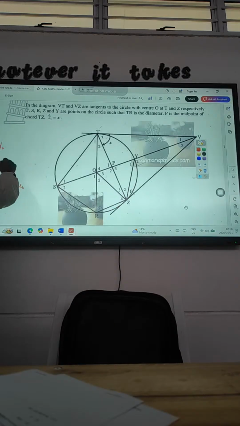The distance from A to P and BP will be equal. Let me give you more time. I'll give you the last 5 minutes. Diagram analysis: write down all you can see.